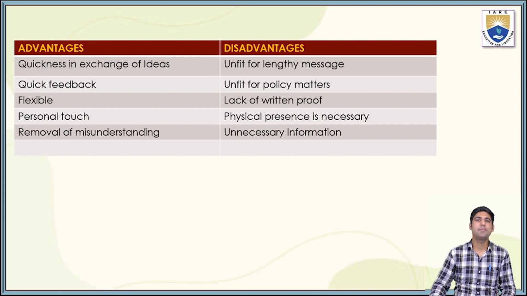And we sometimes include some unnecessary information when we are physically present. When we are physically present, we are being impressed or influenced by the surroundings. For example, I want to write a letter to one of my relatives or friends. I want to tell my friend that I'm going to attend a project in a university.